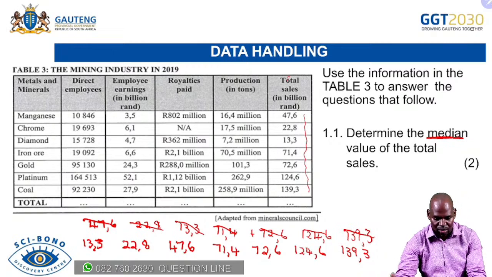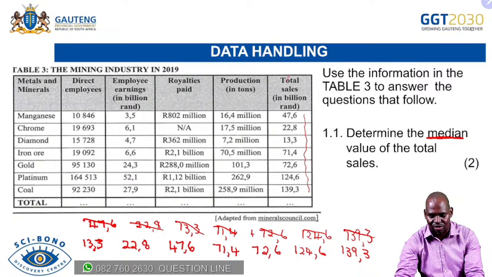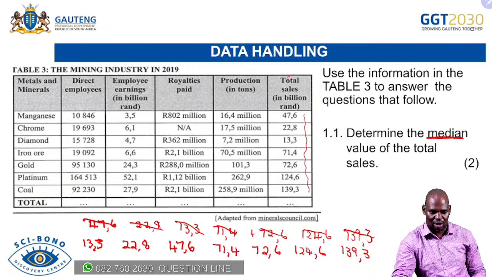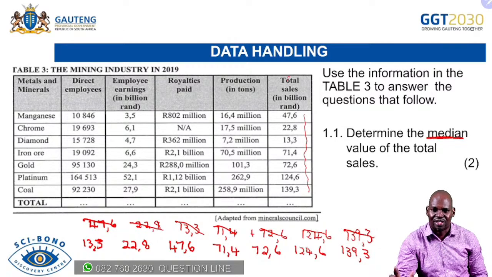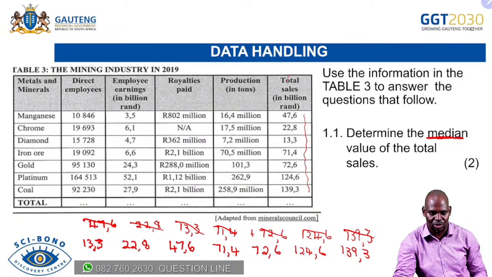You still have to count. Originally we had 7, so 1, 2, 3, 4, 5, 6, 7. There are still 7, so that you don't leave any number out. 7 is an odd number. Remember, an odd number is any number that is not divisible by 2. An even number is a number that is divisible by 2.